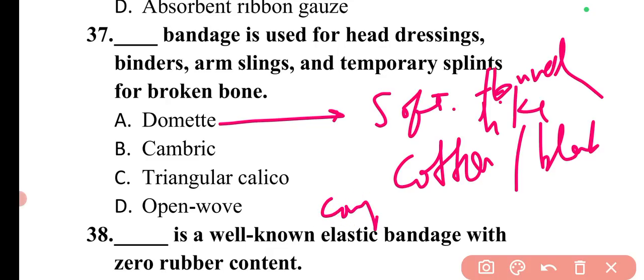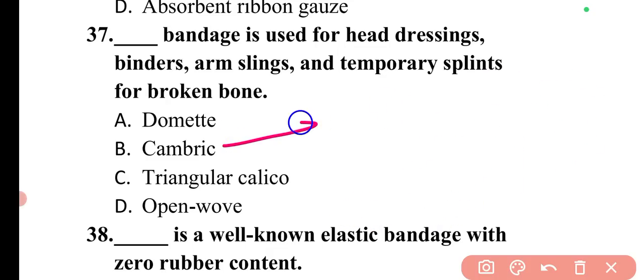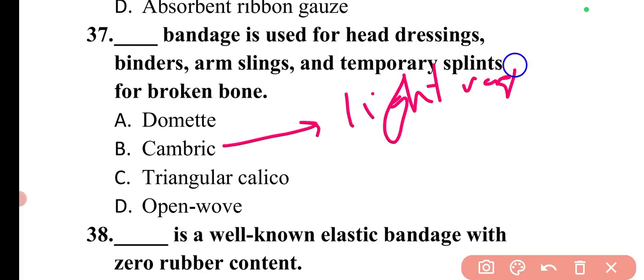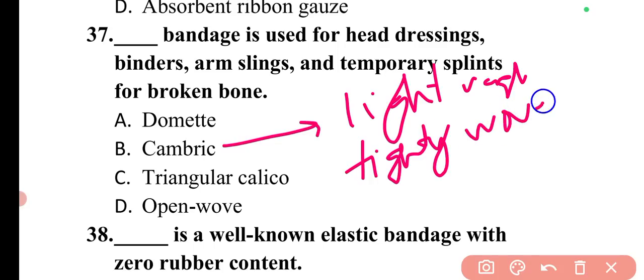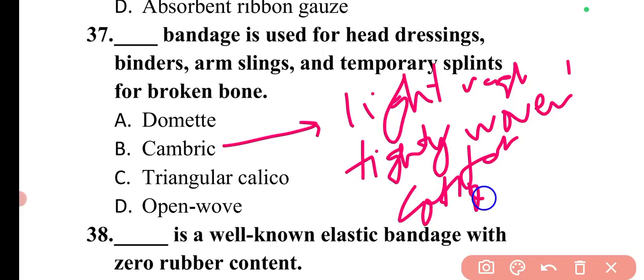Then if I'll talk about the cambric, so cambric is a lightweight, tightly woven fabric, and it is made from either cotton or linen.